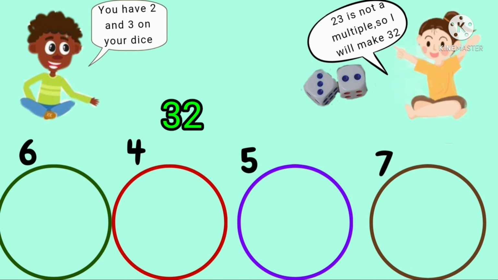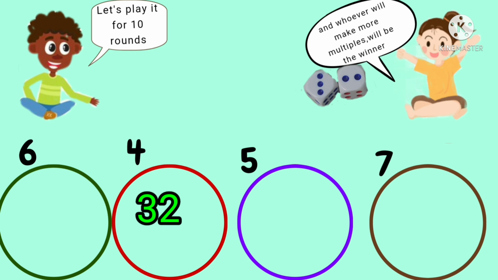Since 32 comes in the table of 4, it's a multiple of 4 and can be written in that ring. So Bujo and Paheli are going to play it for 10 more rounds, and whoever makes more multiples will be the winner. Children, you can also play this game with your friends and family.